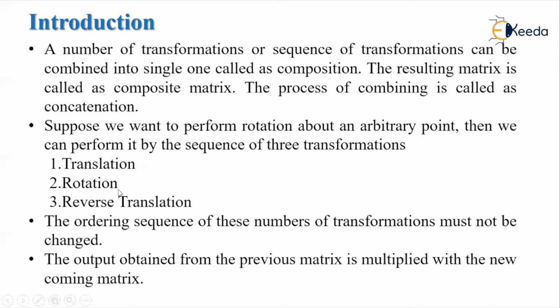First is translation, second is rotation, and then again reverse translation to bring it to the original position. The order of these transformations must not be changed. The output obtained from the previous matrix is multiplied with the newly coming matrix.